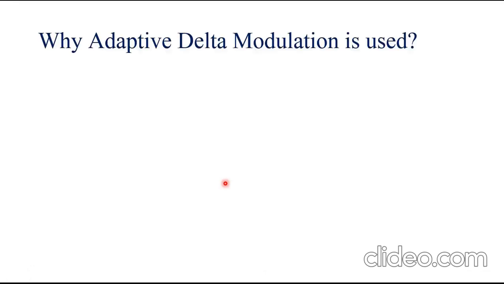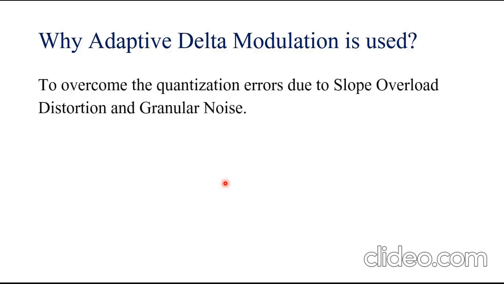Hello everyone. Here in this session, I will explain adaptive delta modulation. So, why is adaptive delta modulation used? In the previous session, I have already explained delta modulation. There are a few disadvantages with delta modulation, and there are two issues in it.